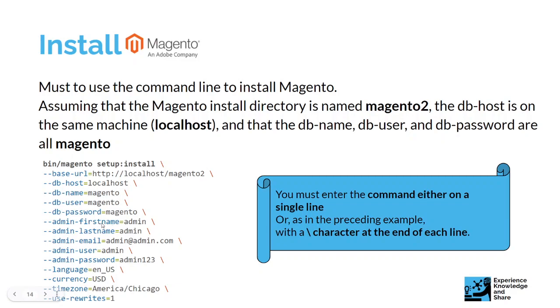Then the basic information when you create the admin user: first name, last name, email ID of that user, and what the username and password will be. Then what language the application should be, the default currency, the time zone, and the rewrite rule. You can get this basic information directly from this Magento command.